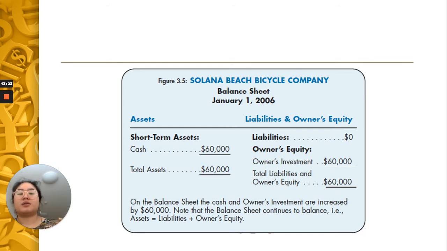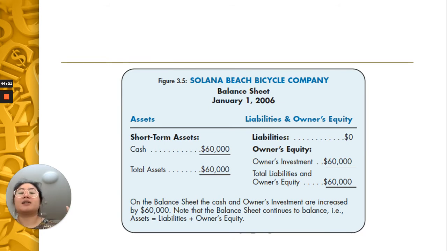For the owner equity, we have two parts, the owner investment and retained earning, but we don't have retained earning on the 1st of January. So it reflects the owner investment of 60,000. So the two sides of the equation are equal: A equals L plus OE, asset equals liability plus owner equity. So the two sides are balanced.